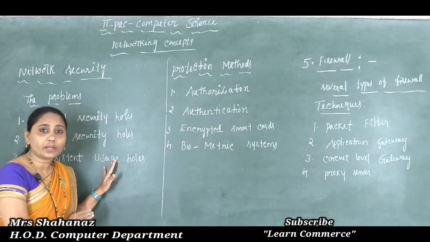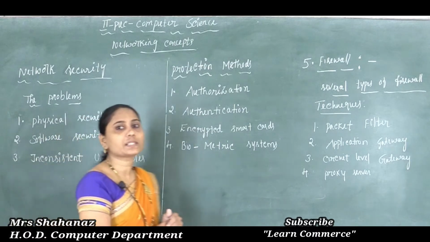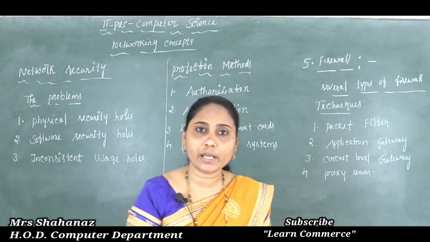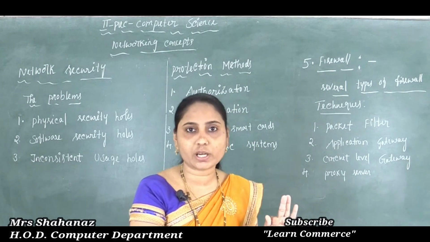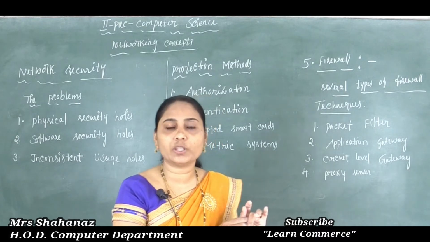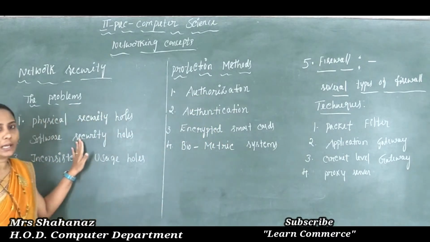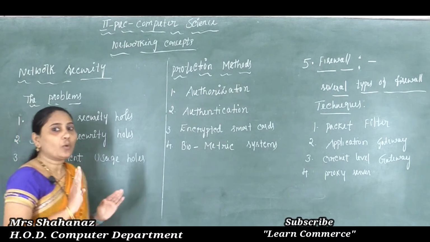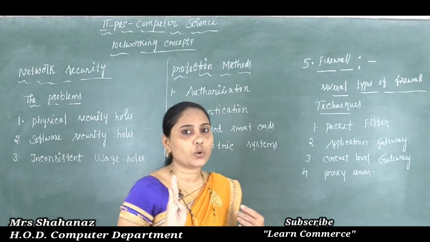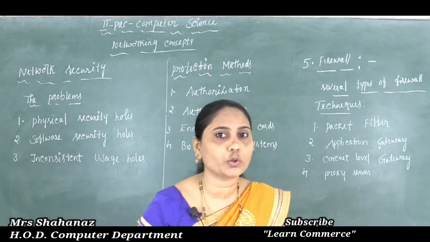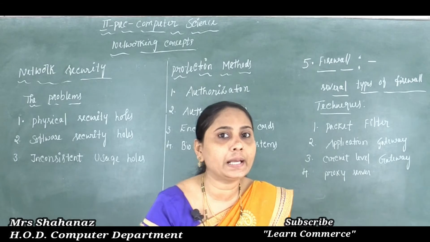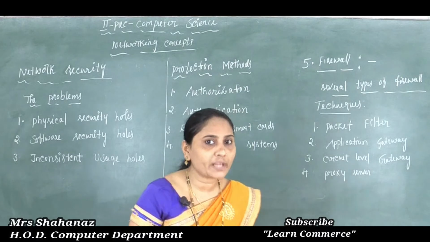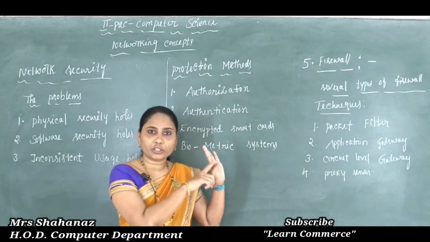While ensuring network security, the concern is that users make sure only the legal or authorized users and programs gain access to information resources like the database. That means only an authorized person, a legal person, should access that information.